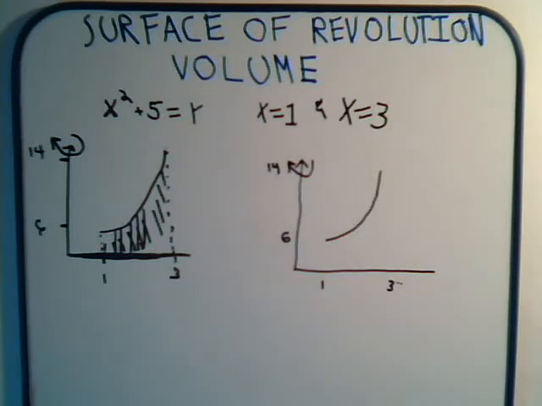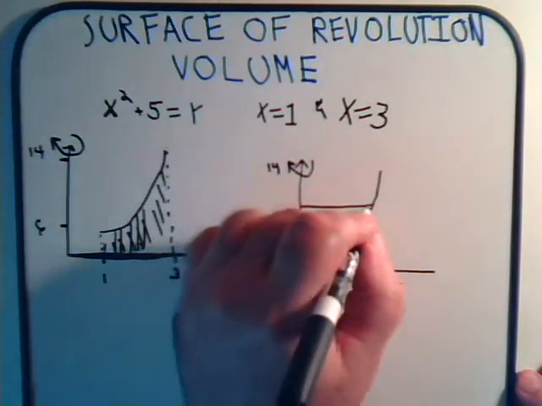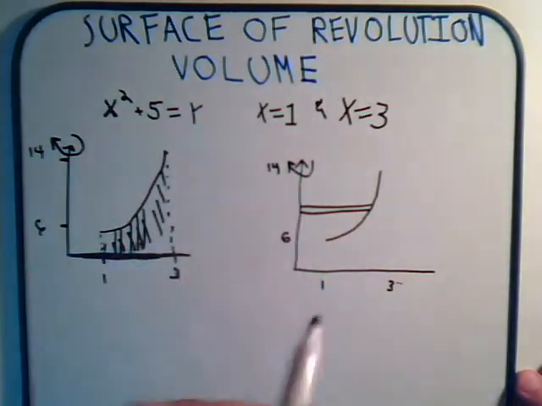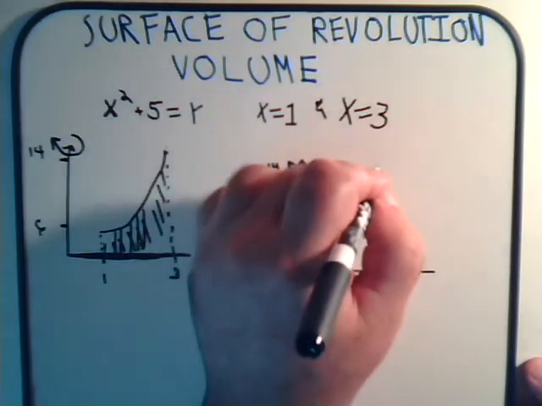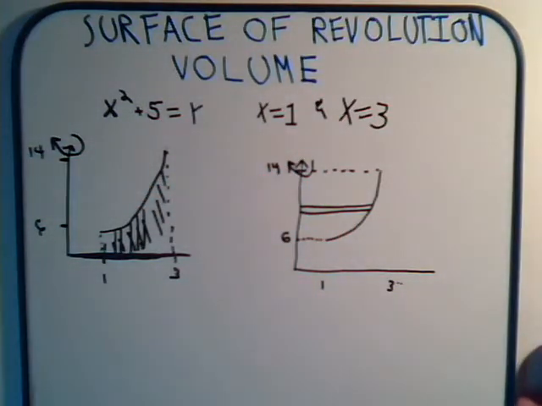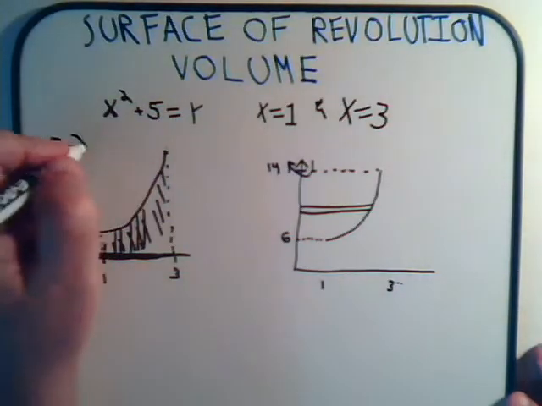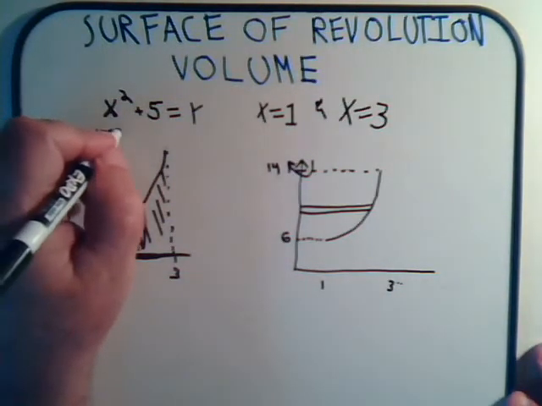Now, if we're doing rotation about the y-axis and we're using the disk method, now we're drawing horizontal strips like this, starting at y equals 6 and continuing on to y equals 14. So this here would be the shell method, and we're dealing with shells.